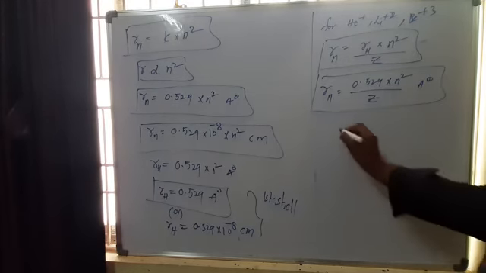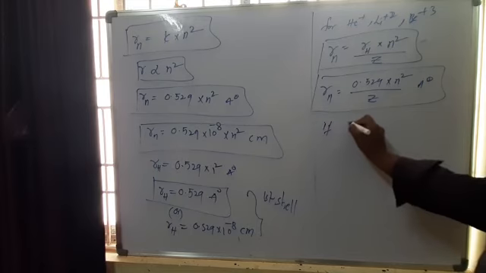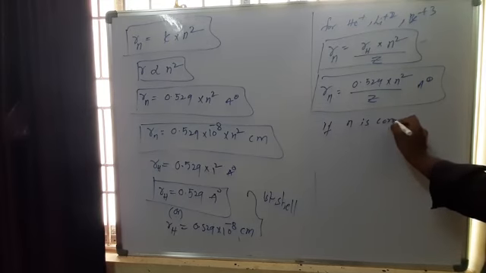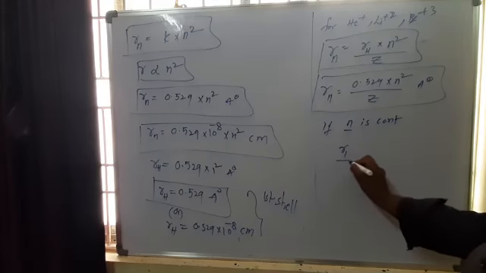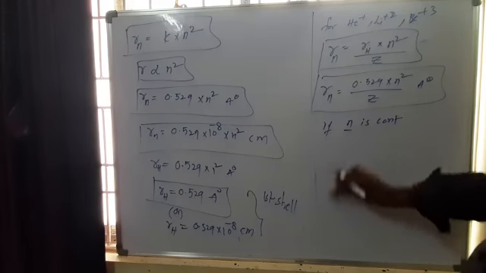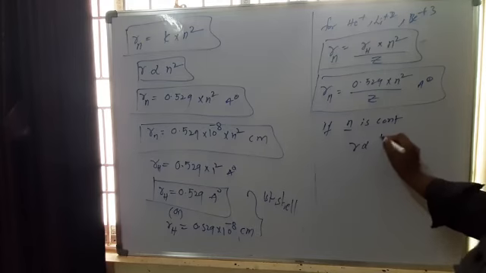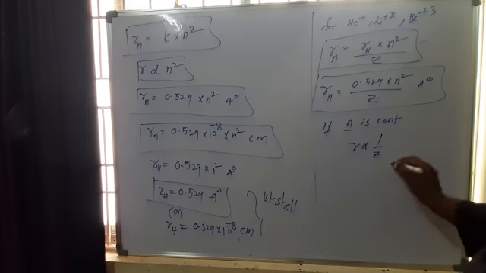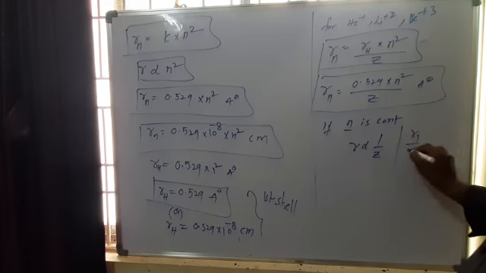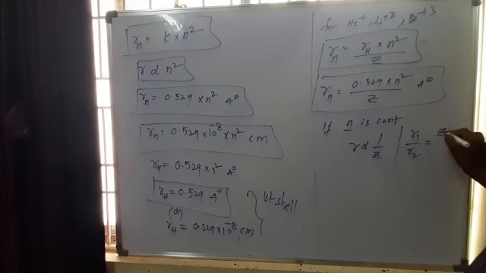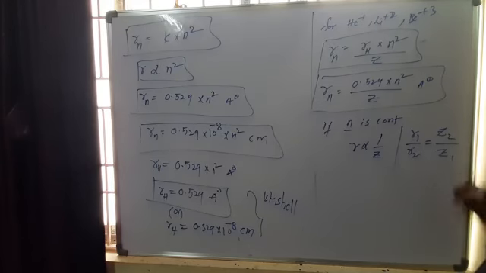If n is constant, then the radius is inversely proportional to z. So from this, r1 by r2 equals z2 by z1.